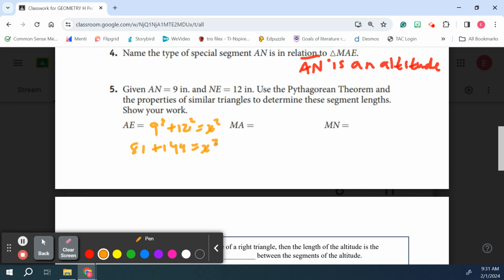So I've got 225 equals x squared, and then I take the square root of each side. So what does AE equal? 15. Nice job. There we go.